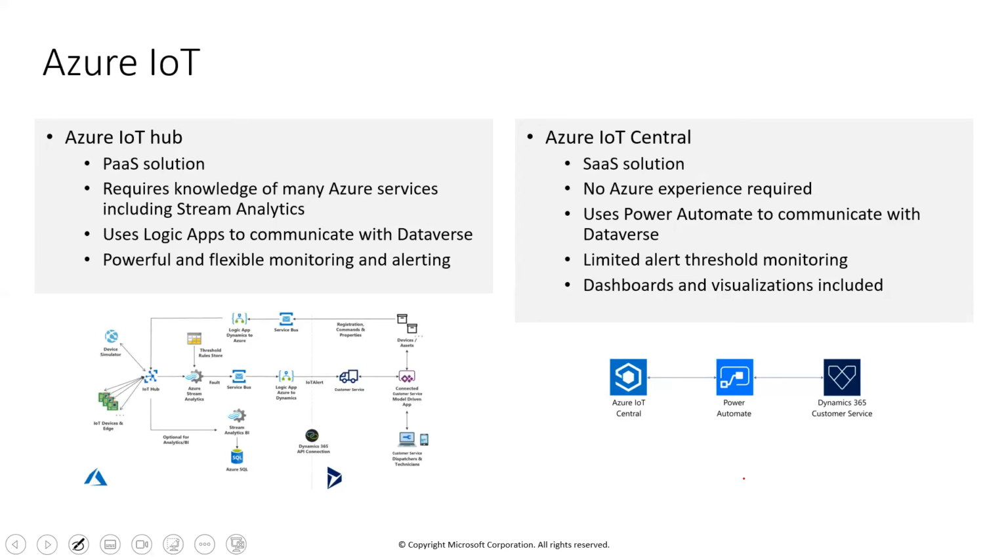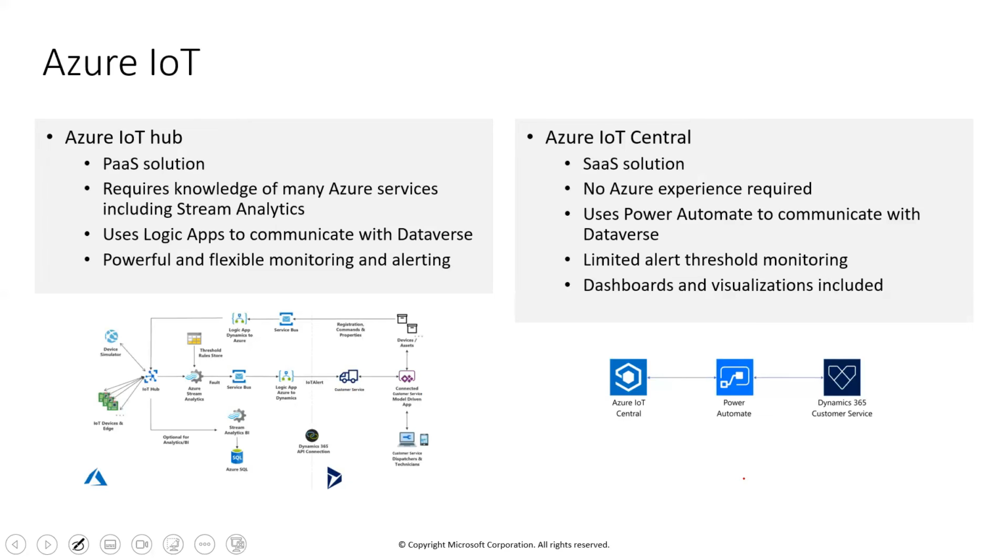The second solution we have in line is IoT Central. Azure IoT Central is a software as a service solution, which requires none of the Azure experience. That means if you do not have any Azure experience, you do not have to worry about those configurations.